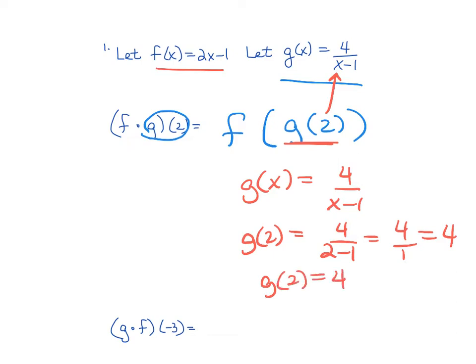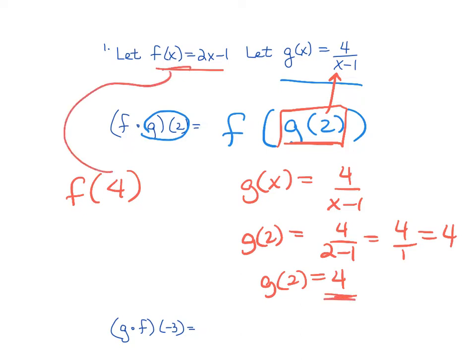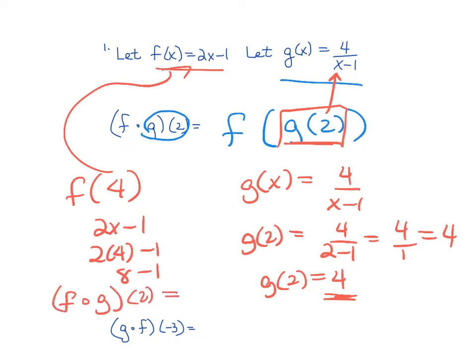Now that I figured out what g of 2 equals, which is 4, I'm going to plug that in for x in the f of x function. So I take my f of x function, which is 2x minus 1, and plug in 4. Simplify, and the composition of functions f and g when x equals 2 is equal to 7.